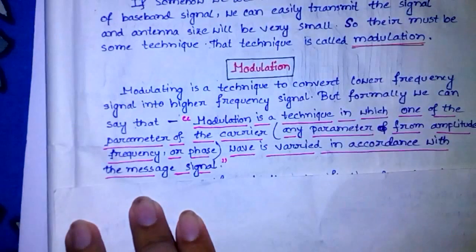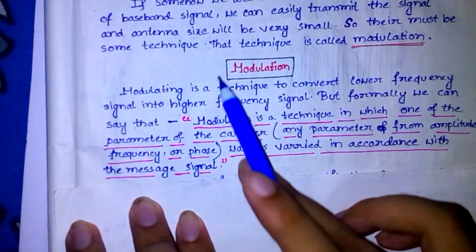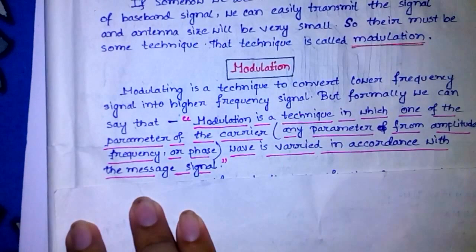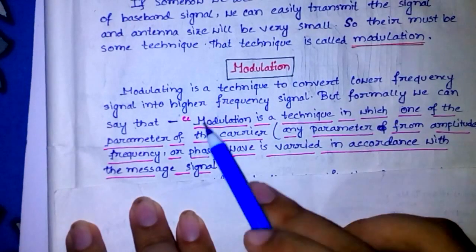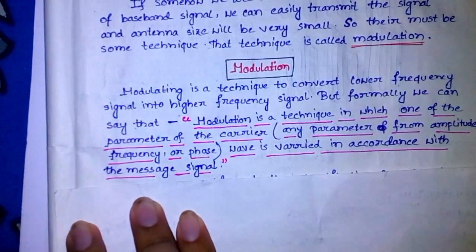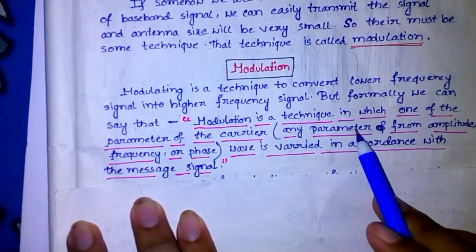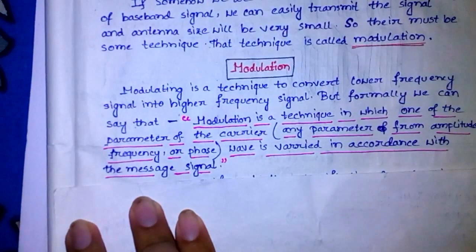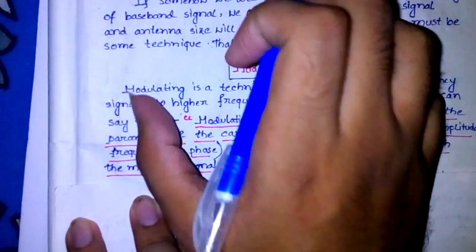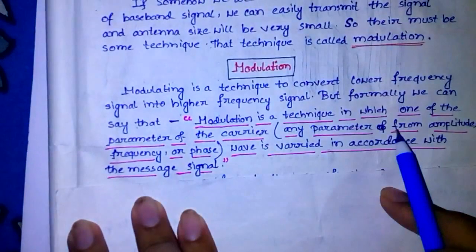Actually we are not doing anything with the message signal, but we take another signal of higher frequency, and one of its parameters is varied in accordance with the message signal to mimic that message signal.